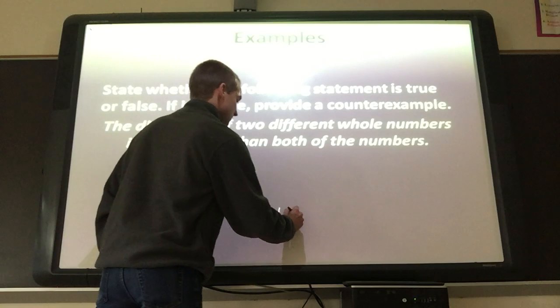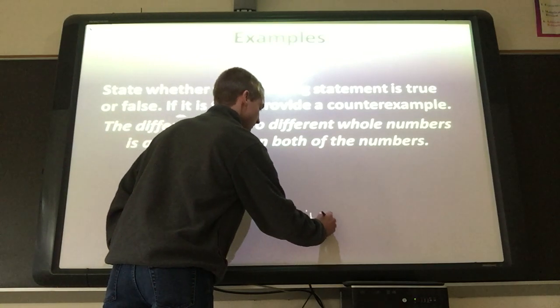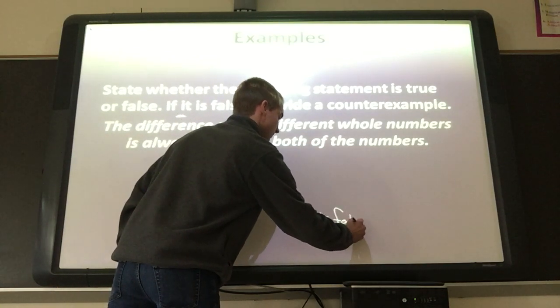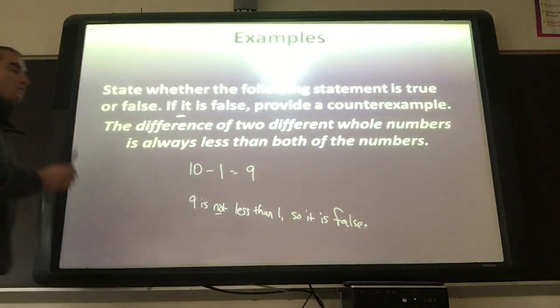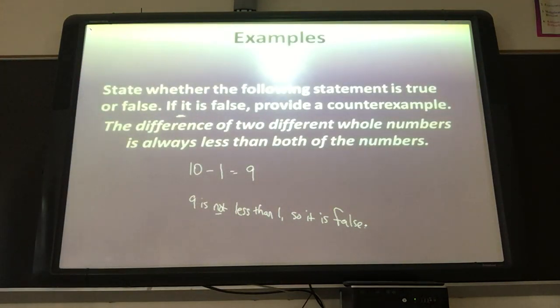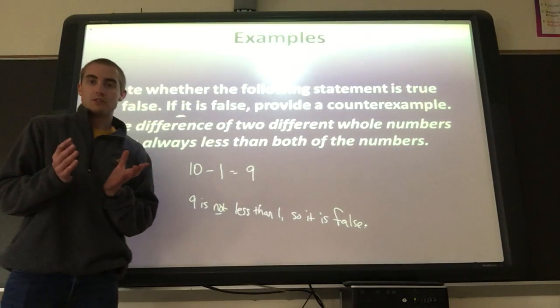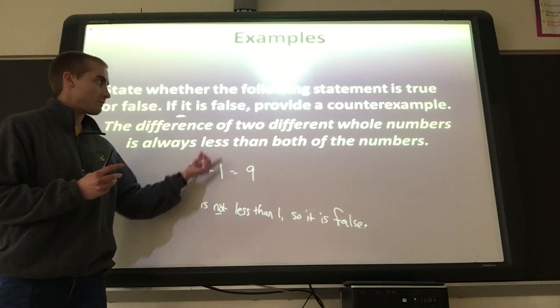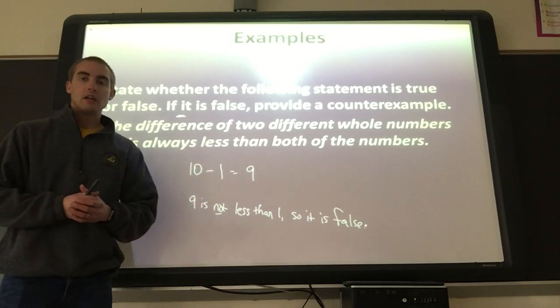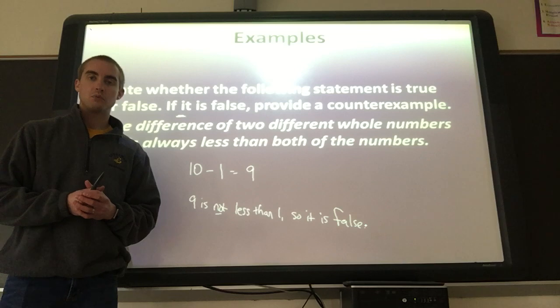So this is false. So because when we subtract two numbers, the answer is not less than both of those numbers, this statement would be false. Okay, so that's dealing with counterexamples. Remember, counterexamples, it's one example that shows that that statement is false. And so this example shows that this statement is false, and so we are good with that.